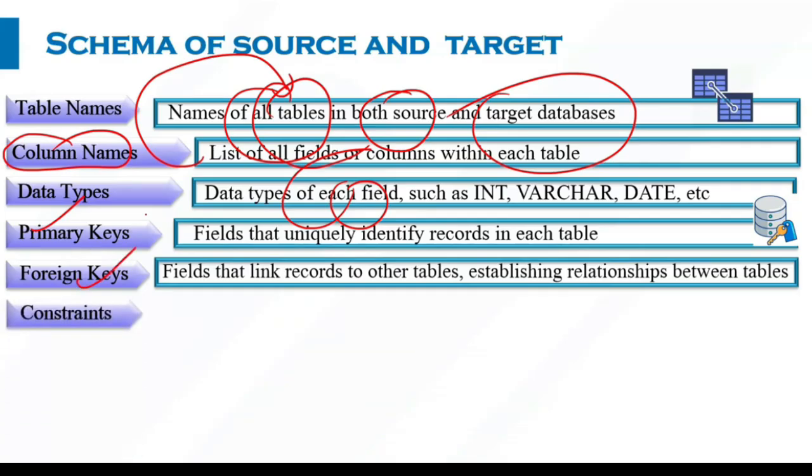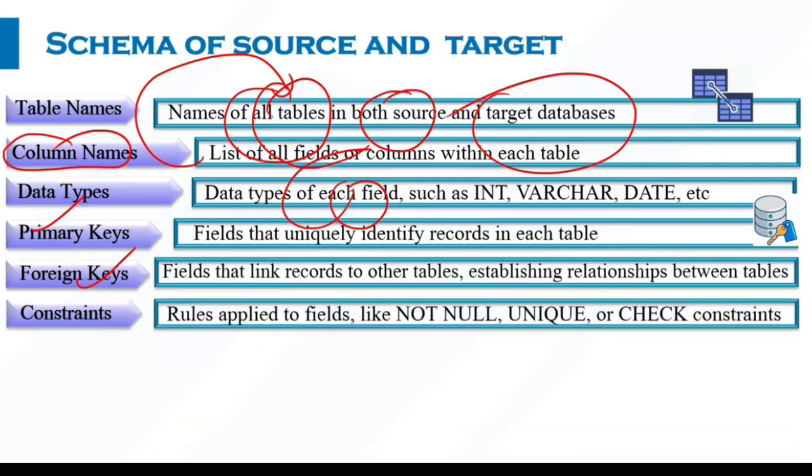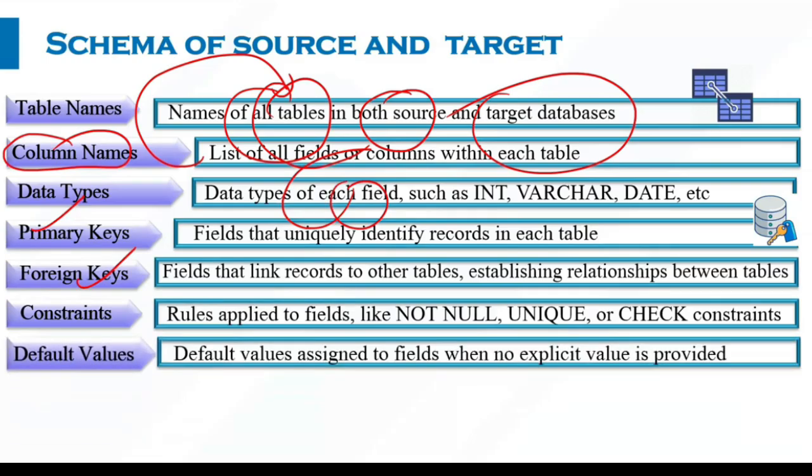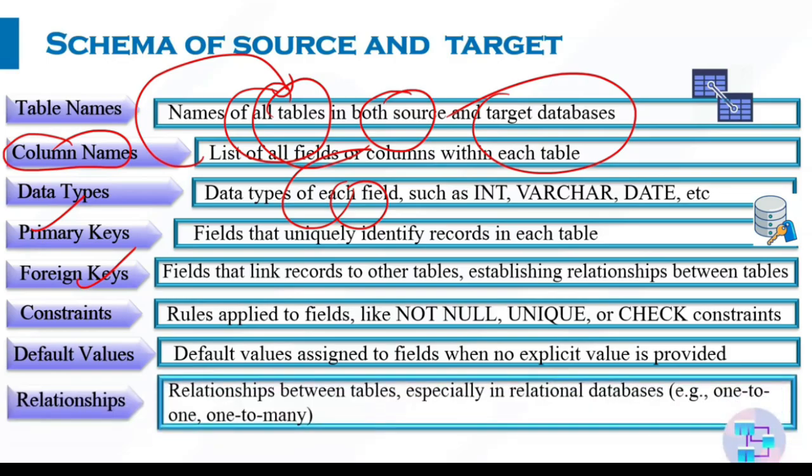And constraints, if there are any: primary key constraint, not null constraint, unique constraint, check constraints, those also will be specified. And what are the default values? For example, if the date is not specified, you should take the current date. And relationships, how the tables are related. So these are the different aspects mentioned in the schema of a source and also target.